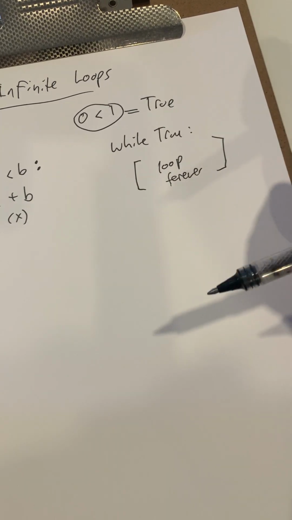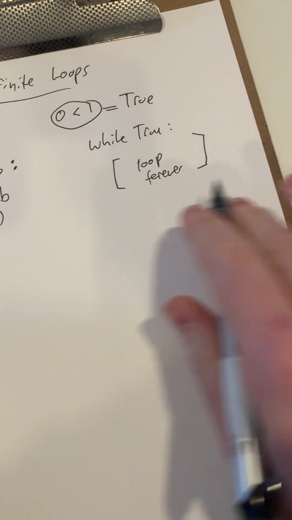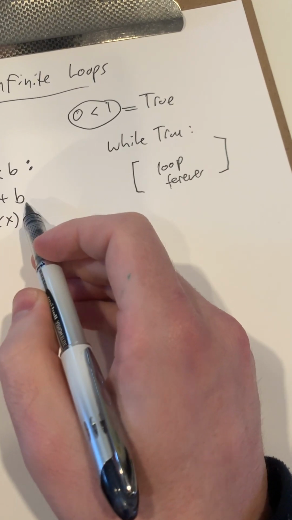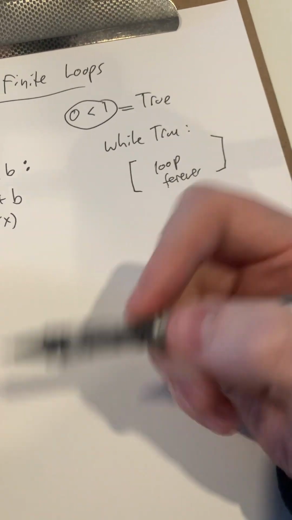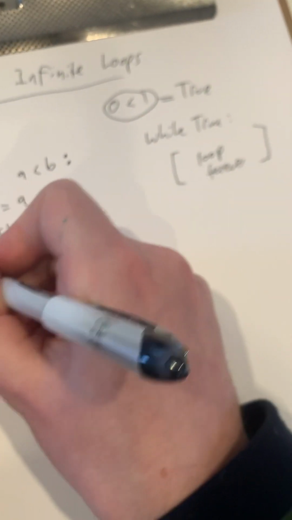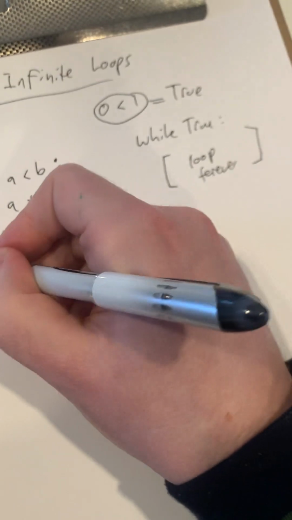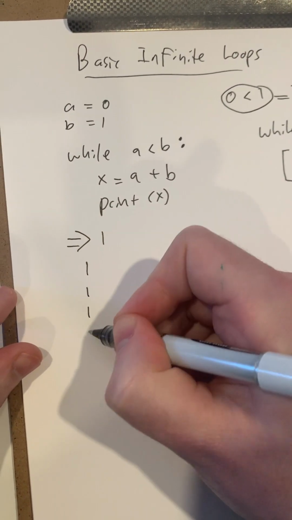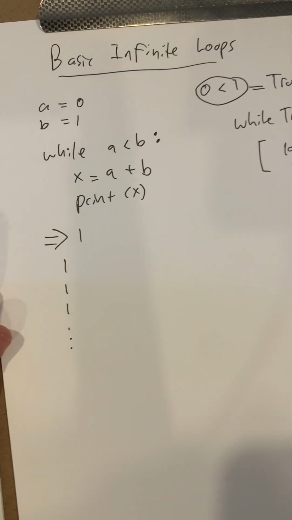So what is actually going to occur? X is going to be set to the value of a plus b, and it's going to be printed again and again and again. The output for this program is then 1, 1, 1, 1, on forever. The reason for this is quite simple.